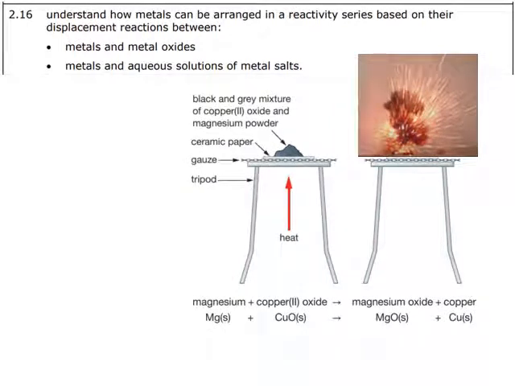We can also order metals in their order of reactivity by reacting them with metal oxides. Now, we talked about that earlier, and I said we'll come back to it. And lo and behold, we have. So magnesium here is reacting with copper oxide, and it's displacing the copper from the copper oxide. Therefore, it is more reactive.